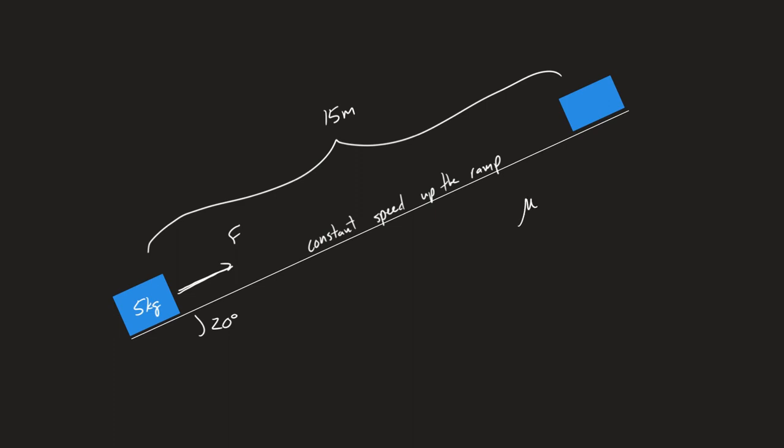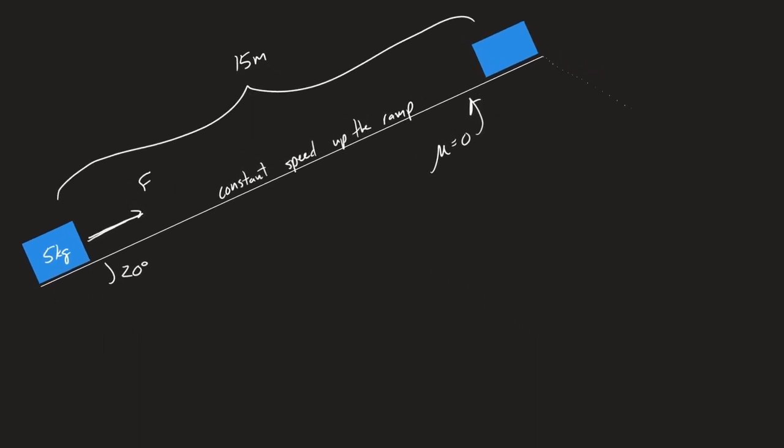And just to make this easy on you, let's say that this is a frictionless surface. What is the work done by the applied force pushing the box up the ramp?